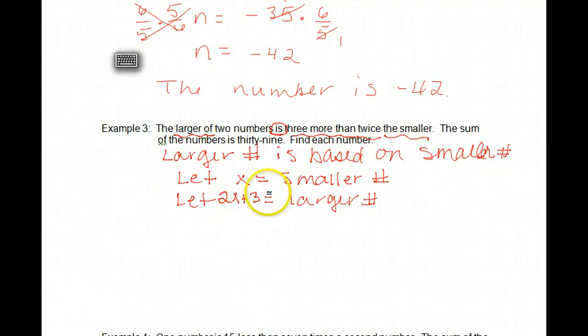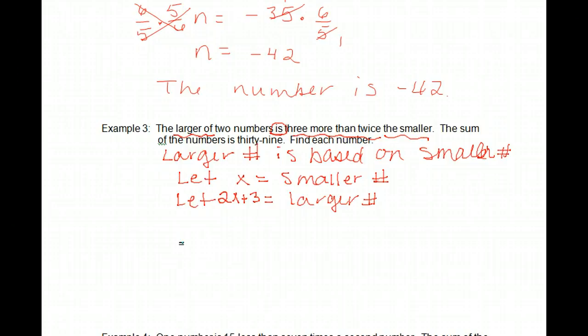Now that we have an expression for both the larger and the smaller number, we can now focus on writing the equation. The second sentence in our problem tells us that the sum of the numbers is 39.